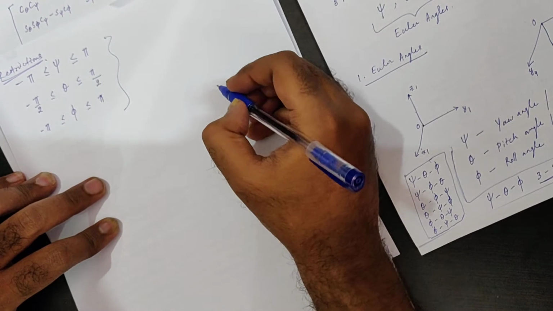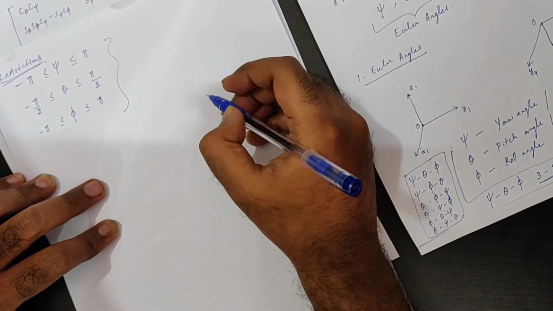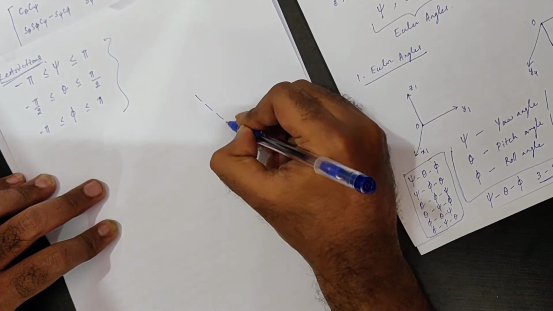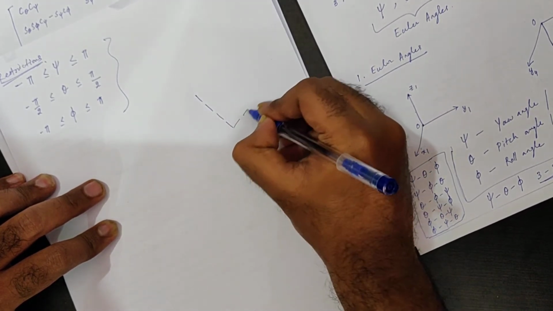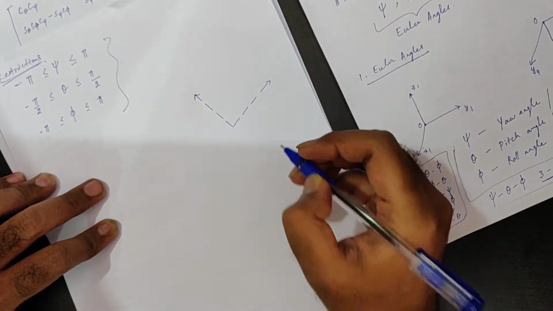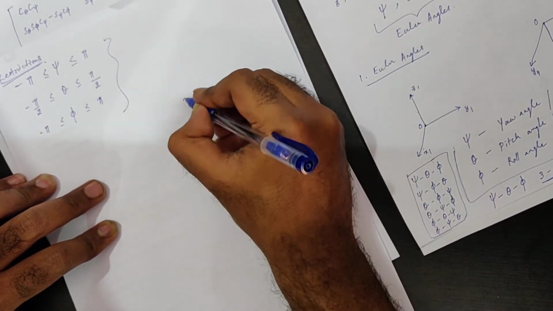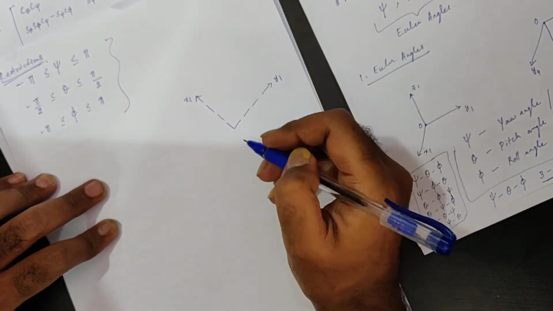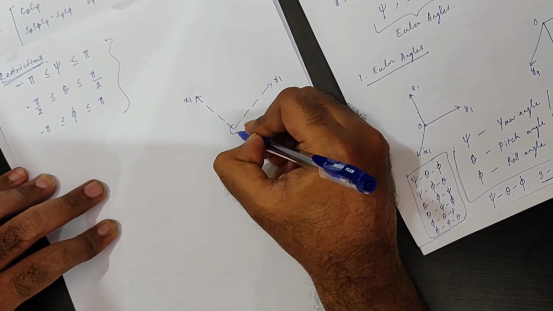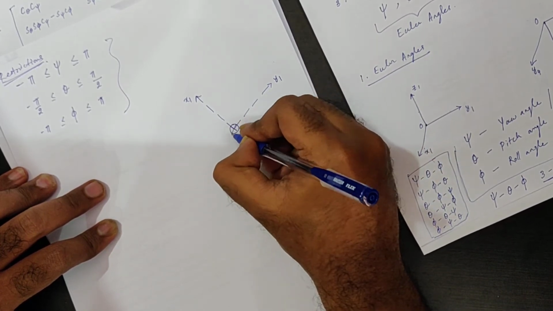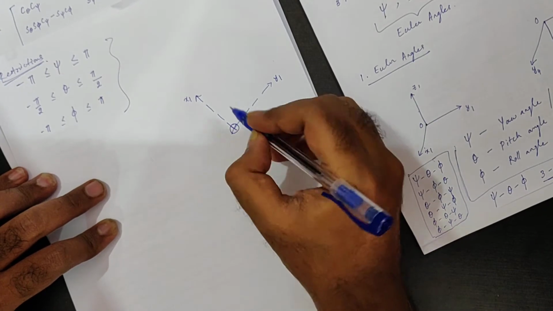Let us put it in this way. This is x1, this is y1, and now the z1 axis is into the sheet, into the paper.